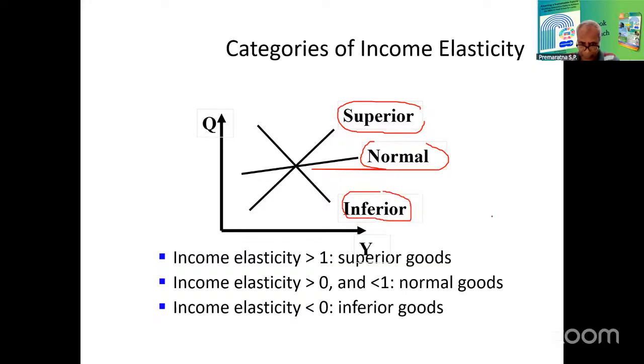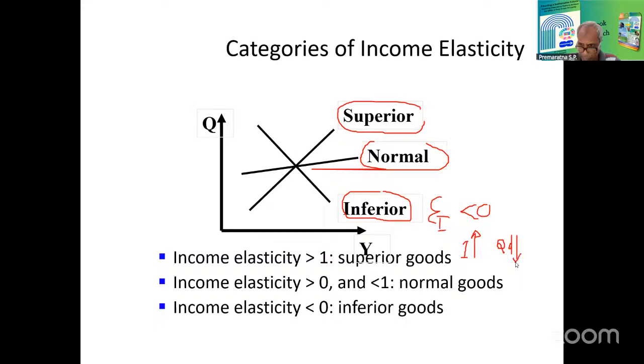In the inferior good case, the income elasticity is negative, which means less than 0. Which means when income increases, demand for the particular good decreases.